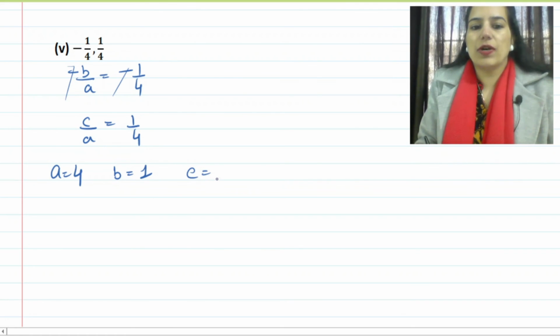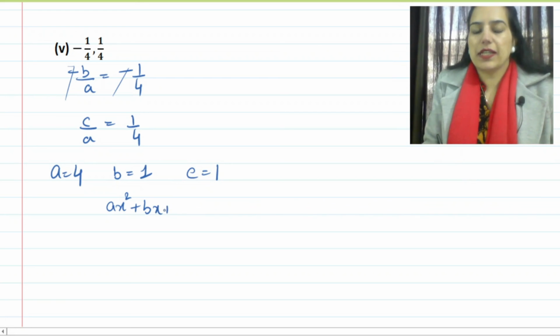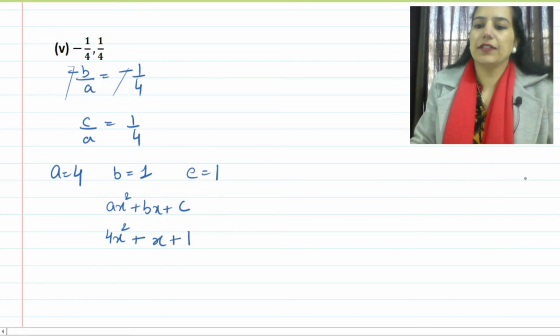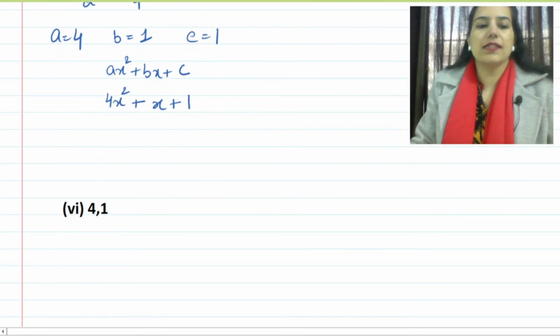And c is 1. So writing it as ax square plus bx plus c, it will be 4x square plus x plus 1. Done. Moving on to the last part of the exercise.